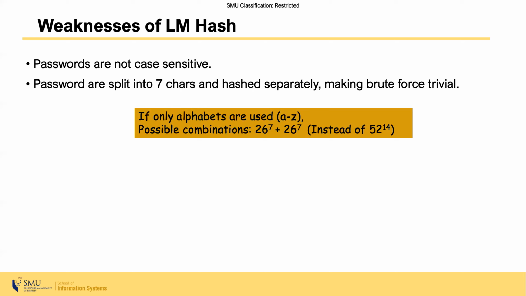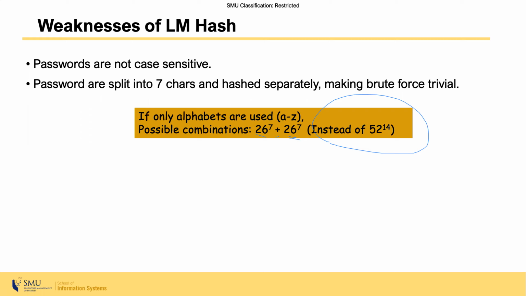And since the scheme splits your password into 7 bytes and 7 bytes each, the possible combinations are only 26 to the power of 7 plus 26 to the power of 7, instead of 52, which means considering both lowercase and uppercase, to the power of 14 in the case that it did not split into 7 bytes each.